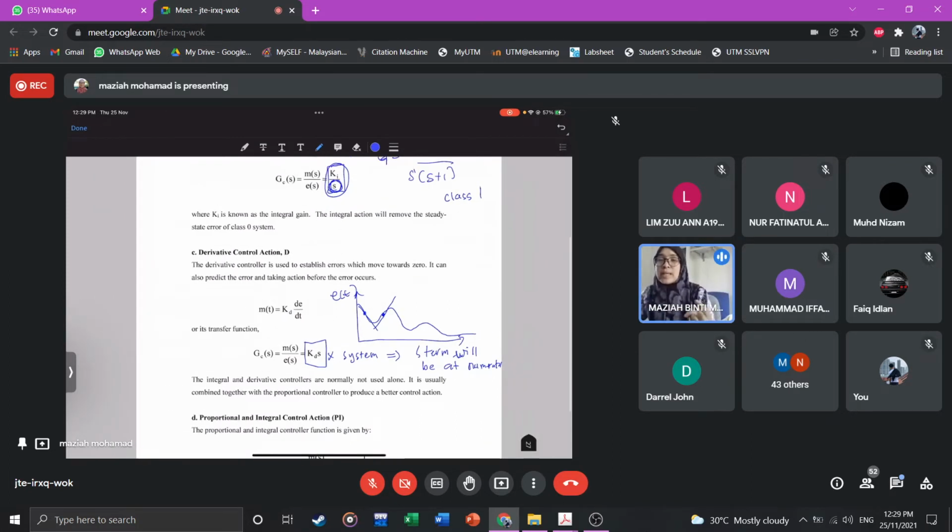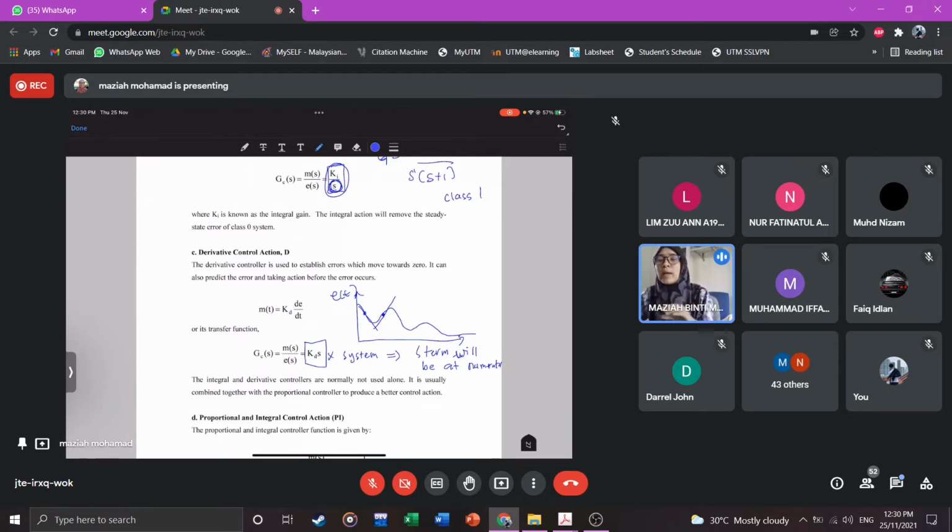So that is the three terms, and you know the transfer function. The P part is only Kp, the integral part is Ki over S, and the derivative part is Kds. Normally I and D are not used standalone. We do not use only a D controller, and we don't use only an I controller.